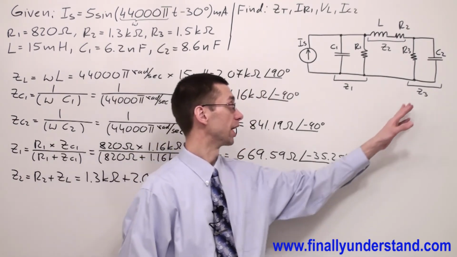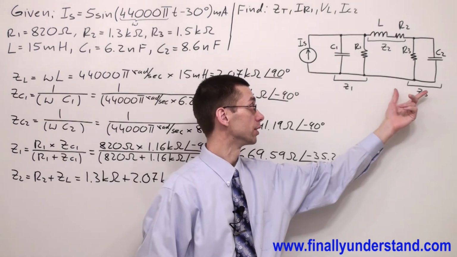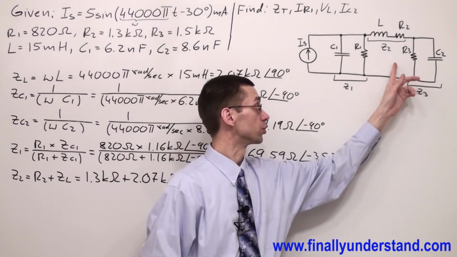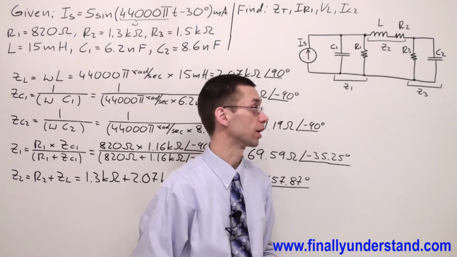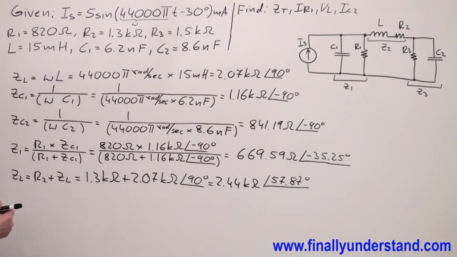Okay, so this is the impedance of these two components connected together. Next, we're supposed to find Z3. Z3 is going to represent the combination of resistor R3 and impedance of capacitor C2. Because they are in parallel and we have just two components, I'm going to use product over sum again.